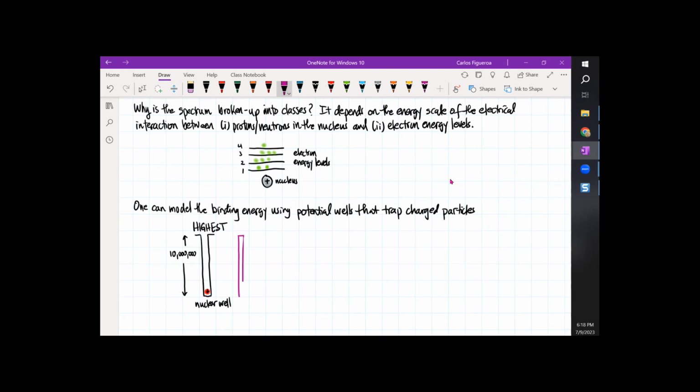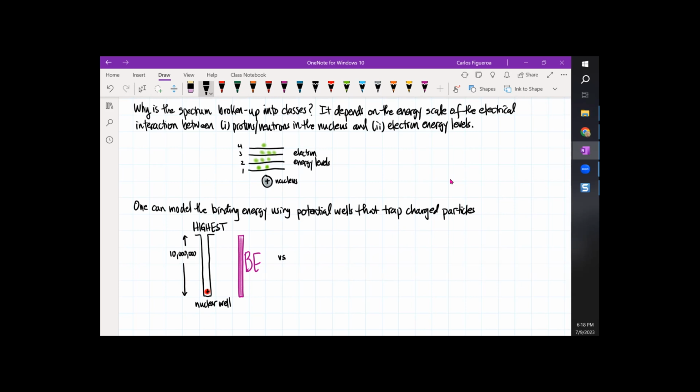The binding energy represents the potential energy, in this case the electrical potential energy, that keeps that proton inside the nucleus here. Then the other one will range.